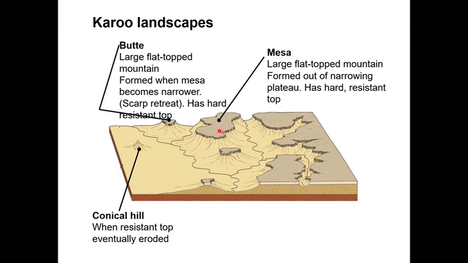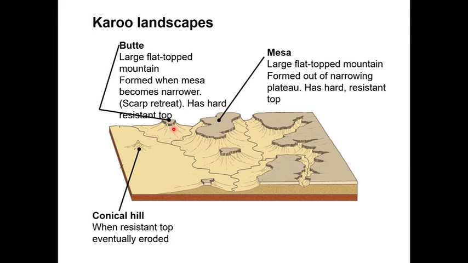Your mesa is a large, flat-topped mountain. It was formed by this plateau that became narrower and narrower and narrower. And the most important thing is, just have a look at this: it has a hard, resistant layer on top. That's very important, that you must know that about the mesa. And then the butte. If you have a look at the butte, you'll see, what's going on here?